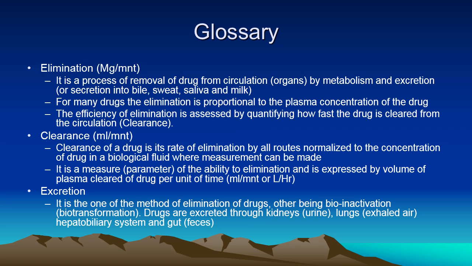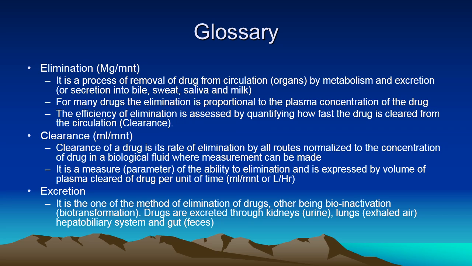The unit of elimination is milligram per minute. Clearance is the rate of elimination by all routes normalized to the concentration of drug in the biological fluid where measurement is done, meaning thereby that a uniformly stirred volume is there from which a portion is removed, and along with that portion of fluid, drug is removed.